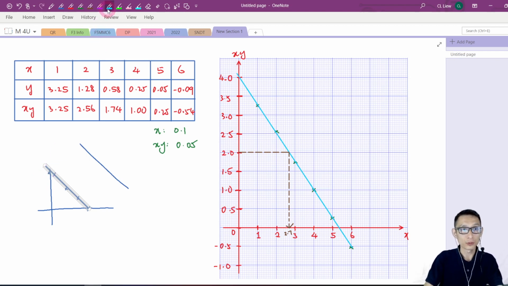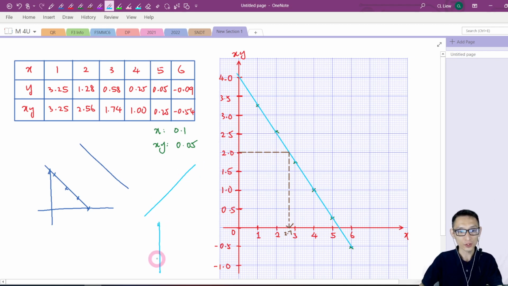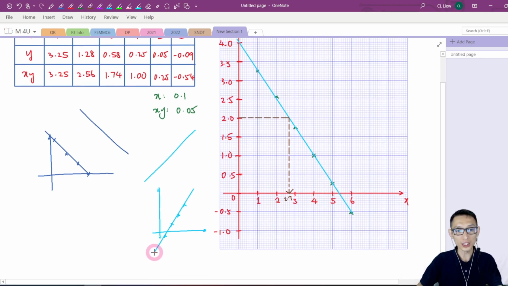So for example, if the graph is like this, I would suggest you leave some space here because, as I told you just now, if you plot the graph like this and then connect them together, you notice that you don't have enough space here. So you need to redraw the graph. It actually takes time, right?